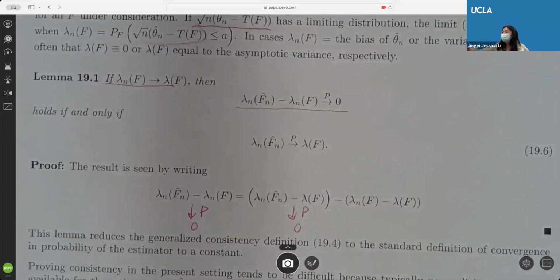Okay, so essentially we're saying that to show that the plug-in estimator, or we can call it the bootstrap plug-in estimator, is consistent, we can skip the performance measure for some finite n. We directly target its limit.